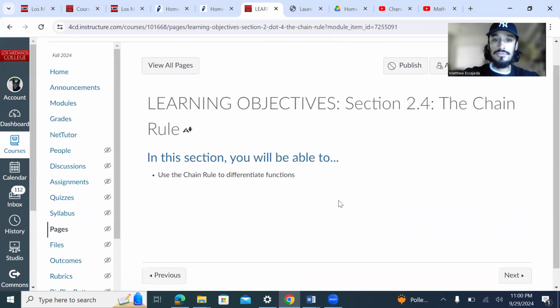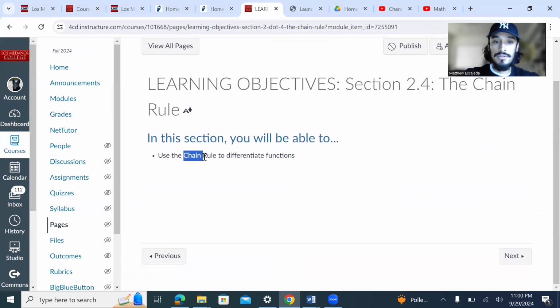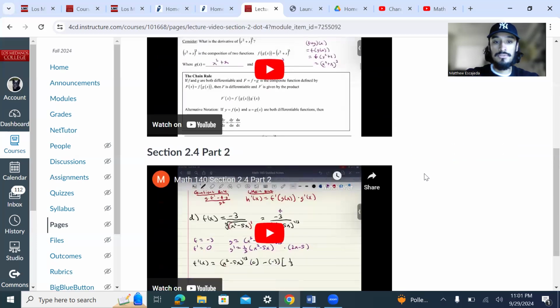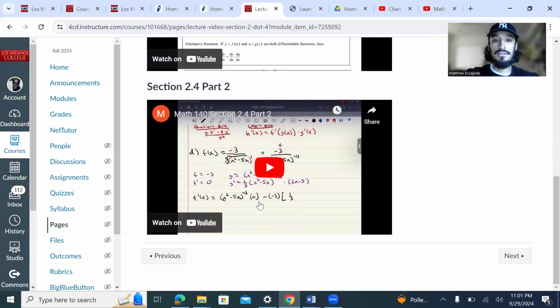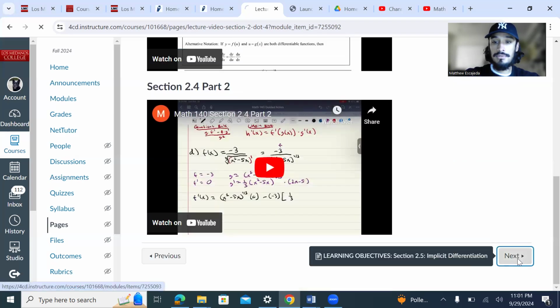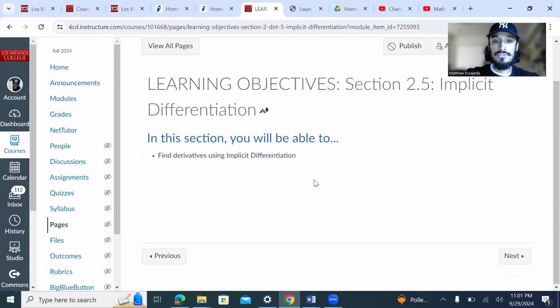Okay, so 2.4 is a chain rule. It's just another rule, much like product and quotient. It's just another tool we can use to take derivatives that make life a lot easier for us. Just another tool in the bag, and you have a couple lecture videos here, introduction, then going over some examples. Okay, that's chain rule, and then the last one is implicit differentiation.